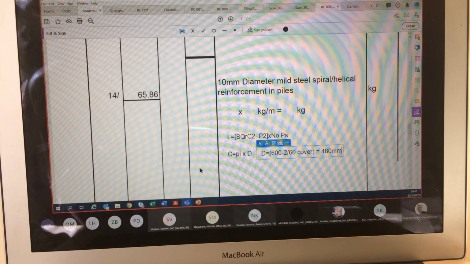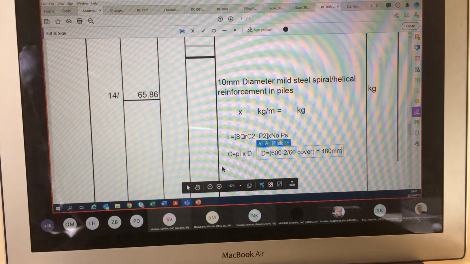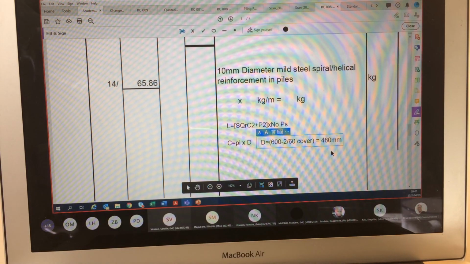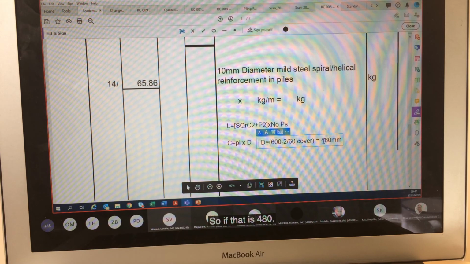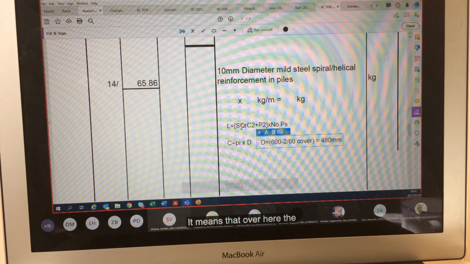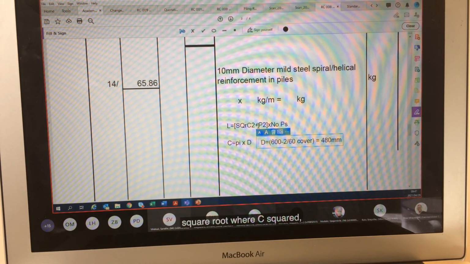Can you see that? I need a pen to write on this so I can show this to you. So if that is 480, it means that over here, the square root where C squared, it will be 0.48 multiplied by pi.